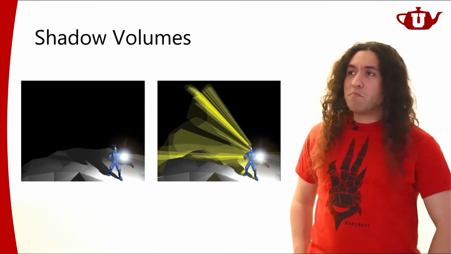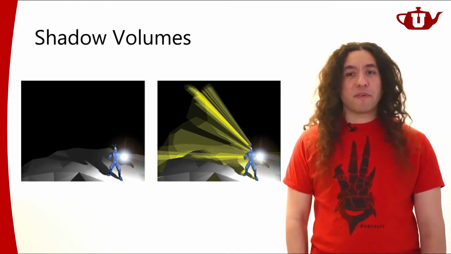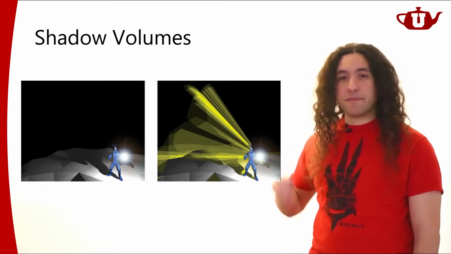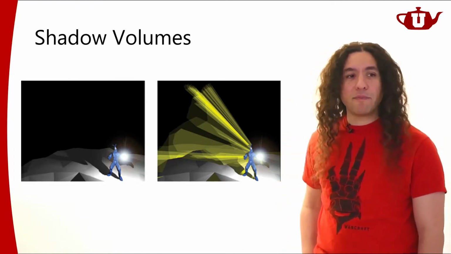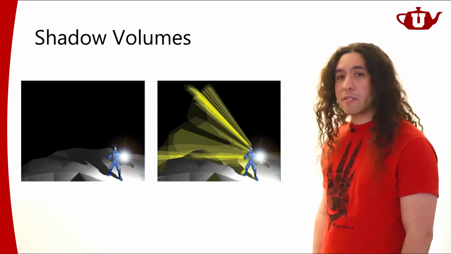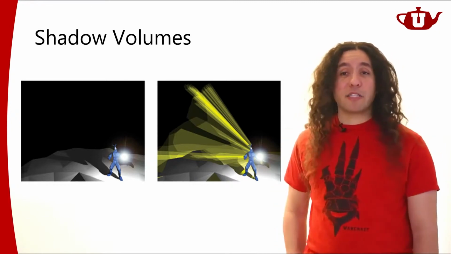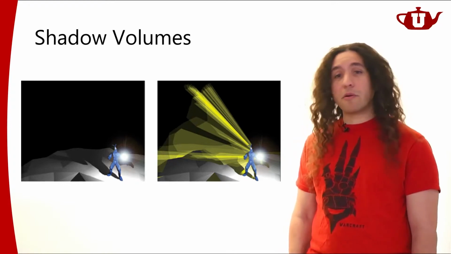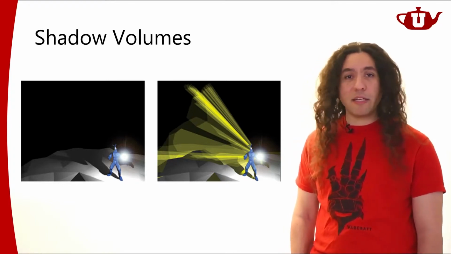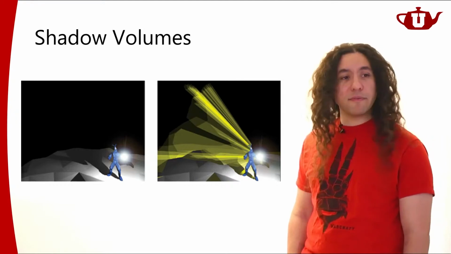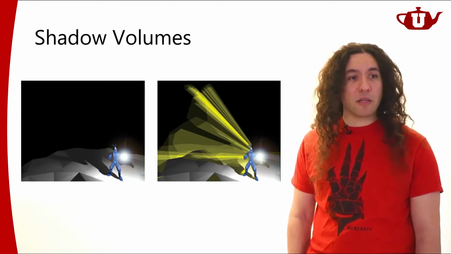We typically use stencil buffers for that. It's just a way of counting something per pixel, and that tells you if a pixel is inside a shadow volume or not. If it's 0, you'll know that you're outside of any shadow volumes. If it's anything positive, you'll know that you are inside a shadow volume.